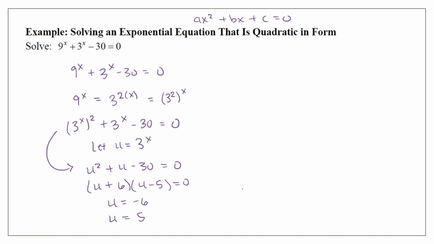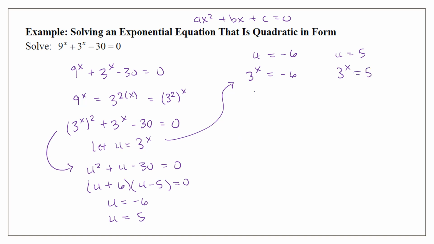So now that I have my values of u, I need to determine what my values of x are for the original equation. So 3^x equals negative 6, because remember u equals negative 6 and u equals 3^x, so I just substituted that in. And when u equals 5, we're saying that 3 to the power x equals 5.